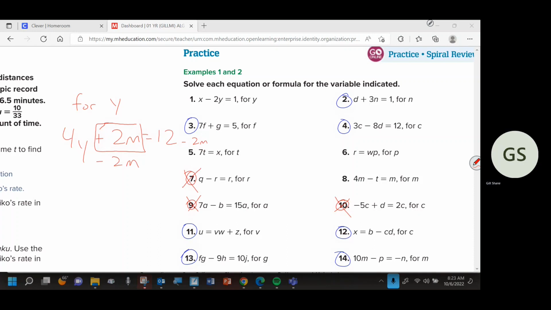Now here. Little tricky. Yeah, negative C. Divide by D, that's correct, but then you would actually still have negative C. Solving for C, right?